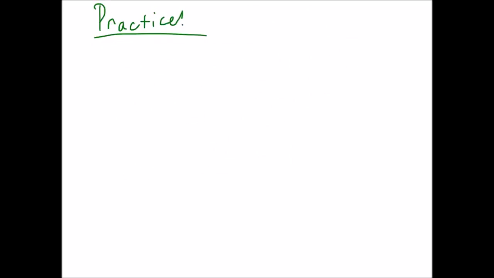Okay, so let's see if you can apply our new knowledge. Let's say that we have the following numbers that need to be multiplied by each other. I want you to do this without a graphing calculator or your scientific calculator. You can use a regular standard calculator if you need to in order to multiply your m parts and then add your exponents together.